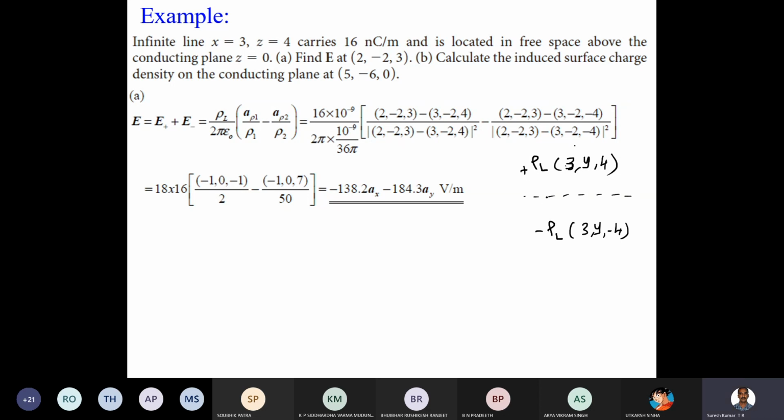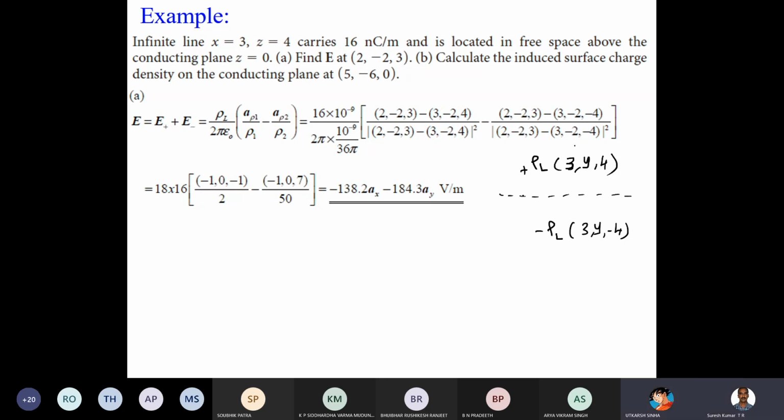Now, second part of the problem. Calculate the induced. I'll give 1 minute time. Please complete. Any questions?